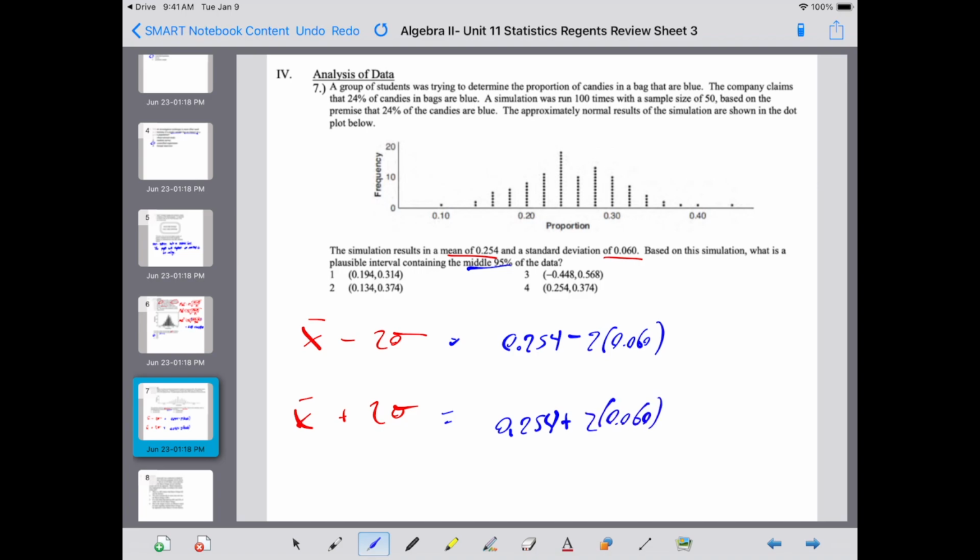Okay. So you got 0.134 to 0.374. That would be this interval right here.